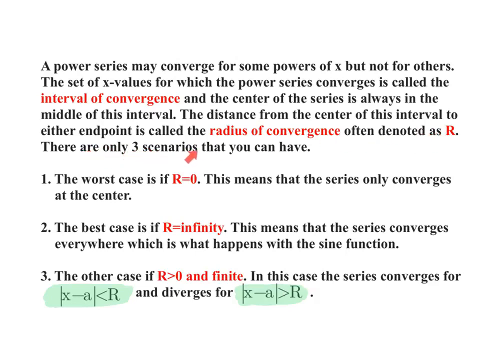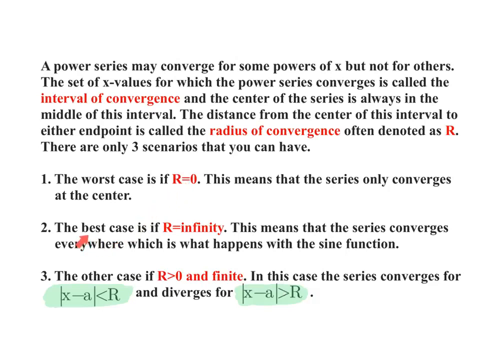There are only 3 scenarios that we can have with this situation. The first scenario, and this is the worst case scenario possible for convergence, is if r is equal to 0. This means that your radius of convergence is 0. What that means is that your series is going to diverge everywhere except for the center, because all of them converge at the center.